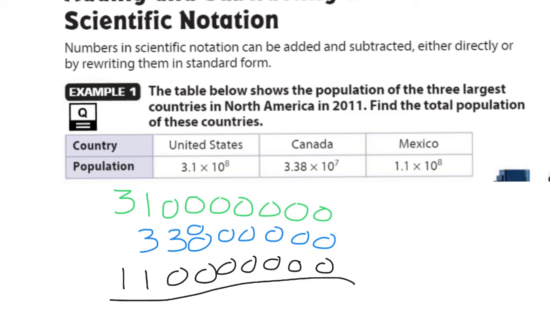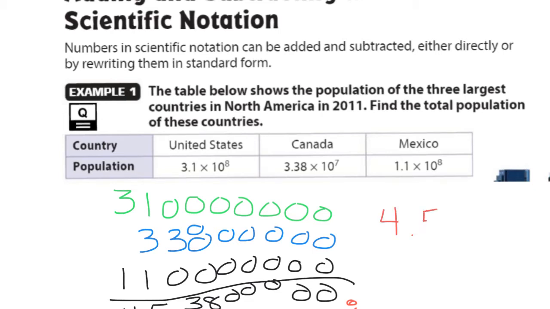Add them all up. You get 0, 0, 0, 0, 0, 8, 3, 5, 4. And then locate your decimal point, move it all the way over. That was 1, 2, 3, 4, 5, 6, 7, 8 decimal places.